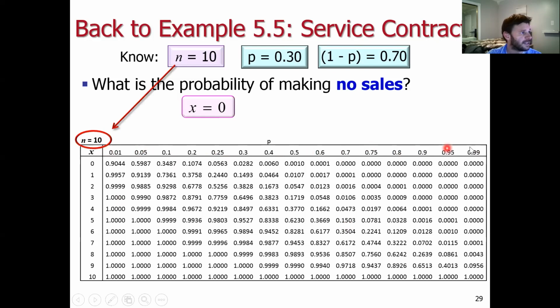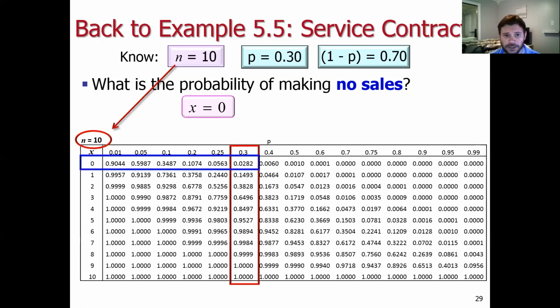The success probability tells us which column to look at on this table. So we're using a 30% success probability, so we're going to pick the 6th column here, and then we're going to find the row in the table that corresponds to exactly 0 successes.